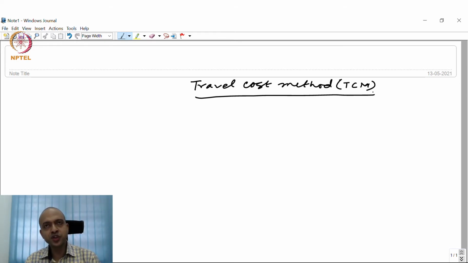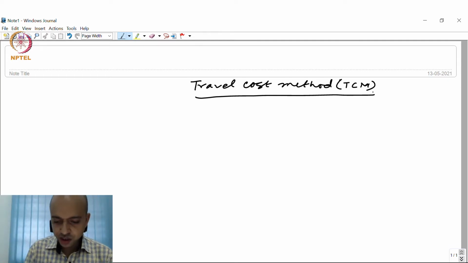Just because the visitors are visiting a natural recreational place, that means the visitors' preference for the environment is revealed through that process, and we will try to estimate the economic value of that particular natural site by the amount of expenditure that the traveler or the visitor incurs in visiting that place.